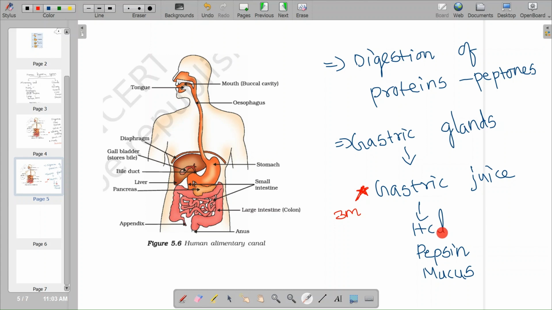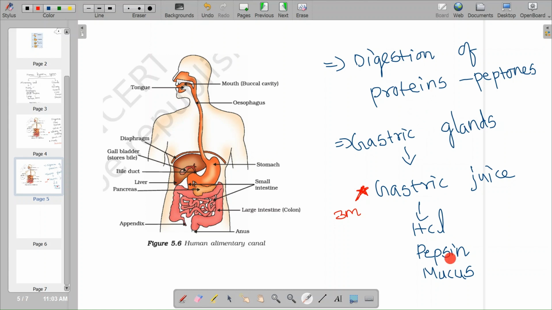Hydrochloric acid kills the bacteria, creates an acidic medium, and activates the pepsin. Basically, pepsin is present in our stomach as inactive pepsinogen. It is converted into active pepsin. Pepsin, as we already learned, is involved in the digestion of proteins.